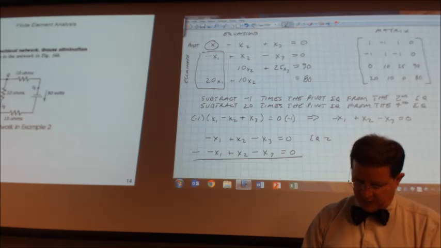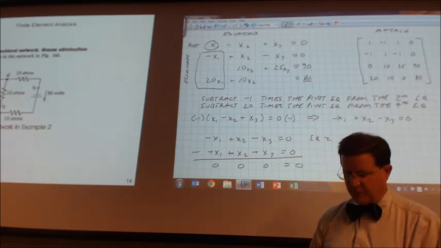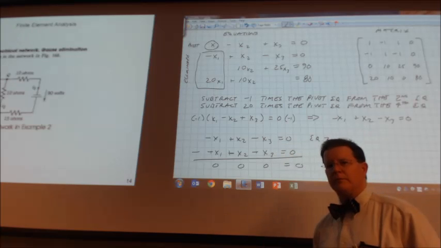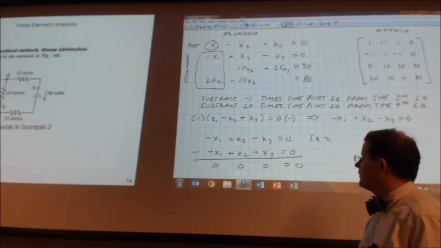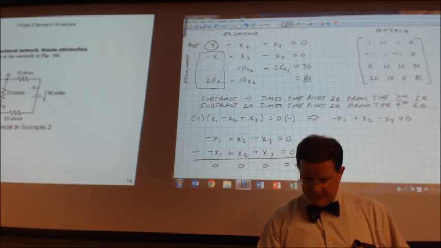So this minus transfers through, right? So this becomes a plus, that's a minus, this is a plus, 0, 0. So this all just ends up going to 0. Does that make sense? Piece of cake, right?